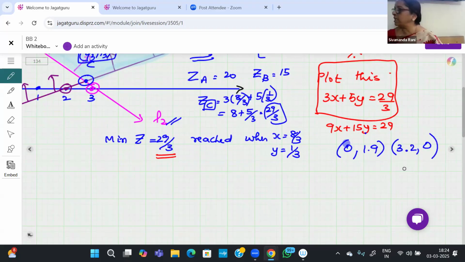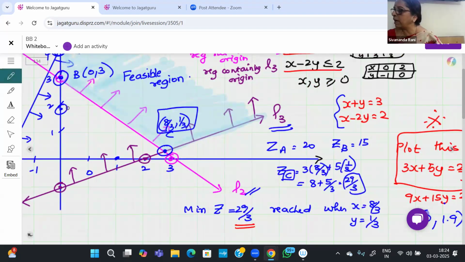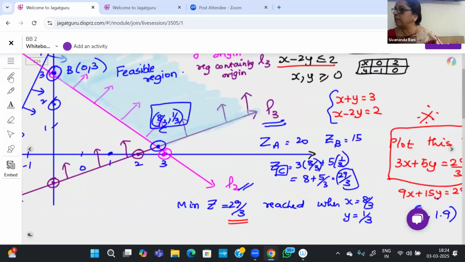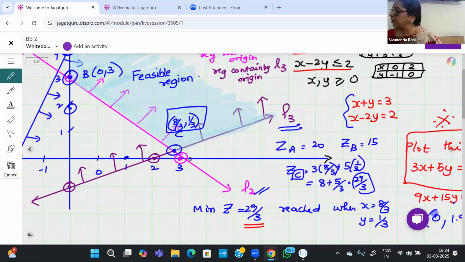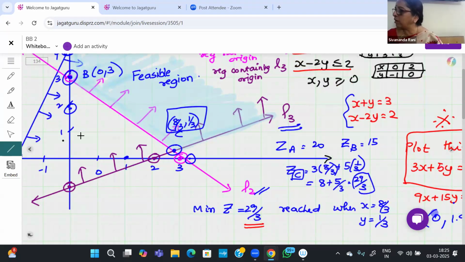Plot these points, approximately (0, 1.9) and (3.2, 0), and connect them. So what is this black line that I've drawn just now? It's nothing but the iso cost line.